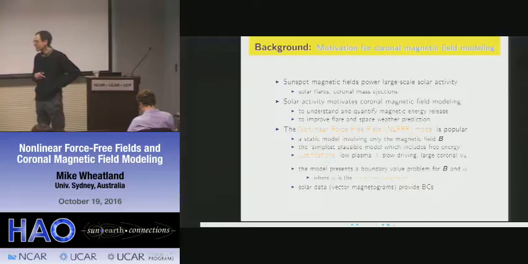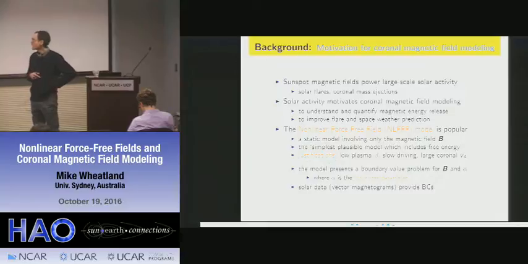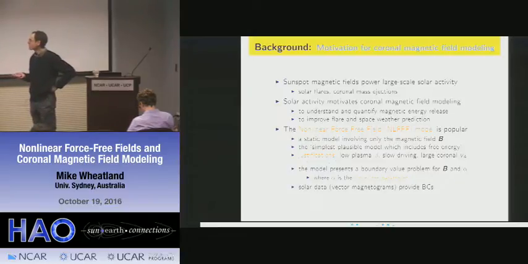We expect that the responses will be relatively rapid due to the large Alfvén speed in the corona, so you might be able to consider it as a quasi-static evolution, and the force-free model might be appropriate to describe the field at different stages. However, the different assumptions have been questioned. Just recently there was a paper by Hardy, Peter, and others questioning the value of the plasma beta in the solar corona. That's not a parameter that's well determined.